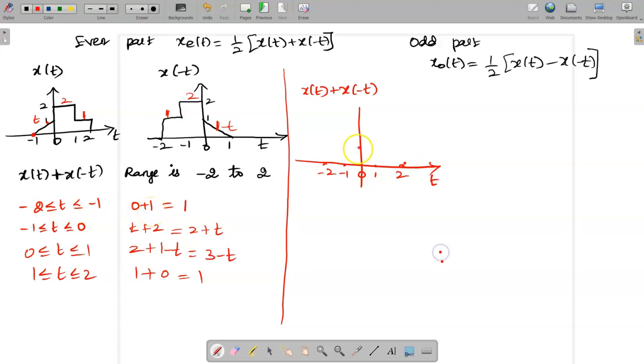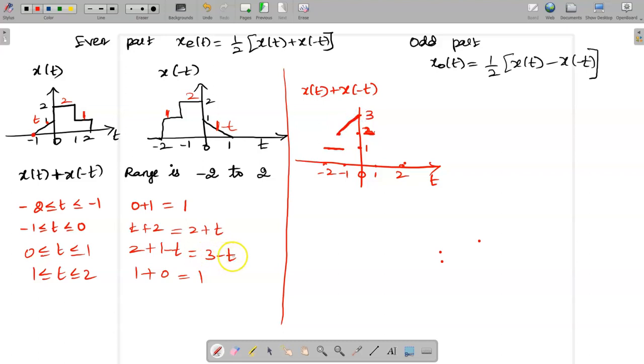The amplitude is 1. Minus 1 to 0, what is the value? 2 plus t, so we have to start from 2 and it has to increase so that it reaches 3. Like this I have to draw.